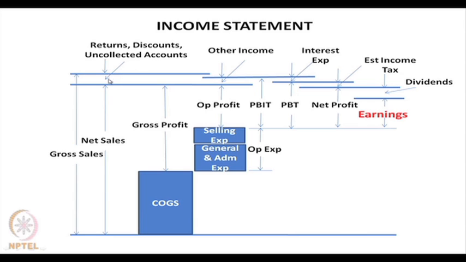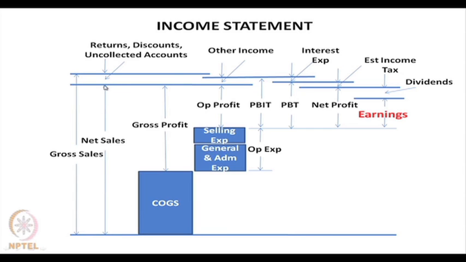So, by that amount the sales will be reduced. If we subtract the estimated value of discounts, returns and uncollected accounts, then our net sales is only this much, that is gross sales minus this is the net sales.